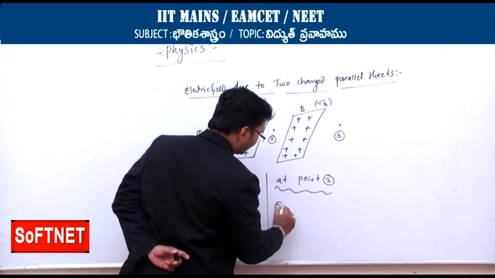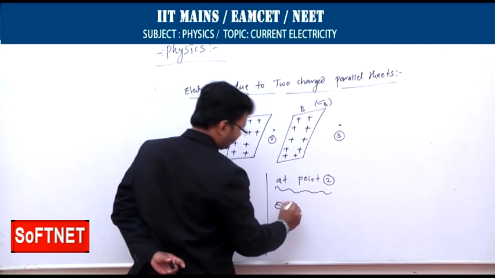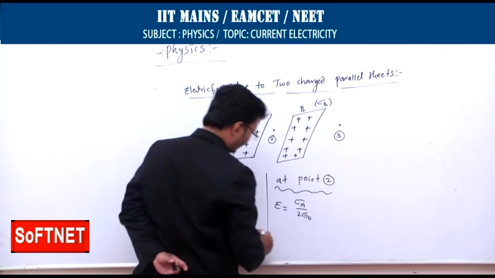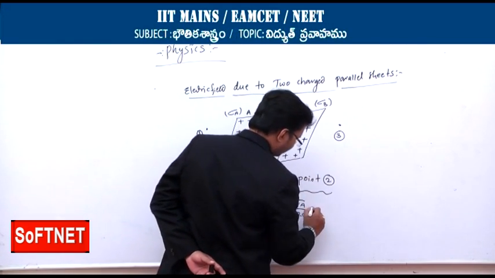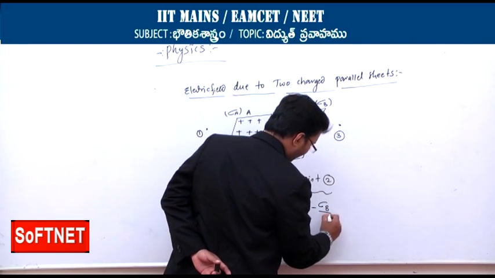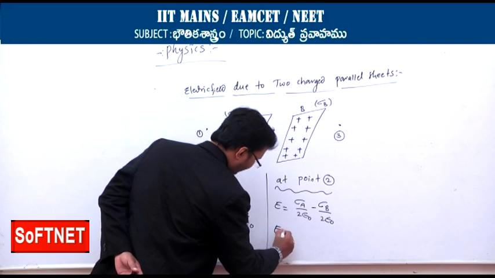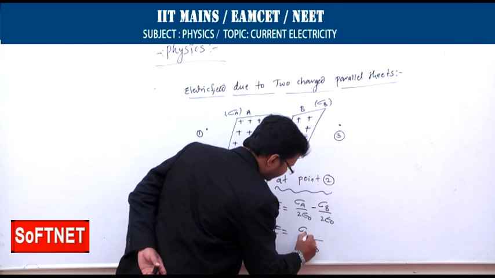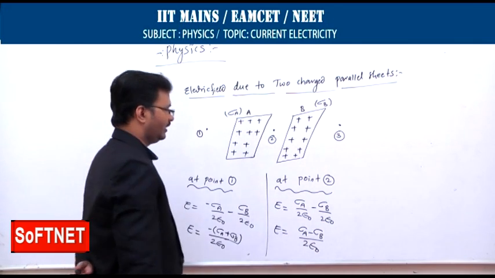So, what can we write? E is equal to, for the right side of sheet A, sigma A by 2 epsilon naught. For this one, left side, sigma B by 2 epsilon naught. E net can be written as sigma A minus sigma B by 2 epsilon naught. Clear?